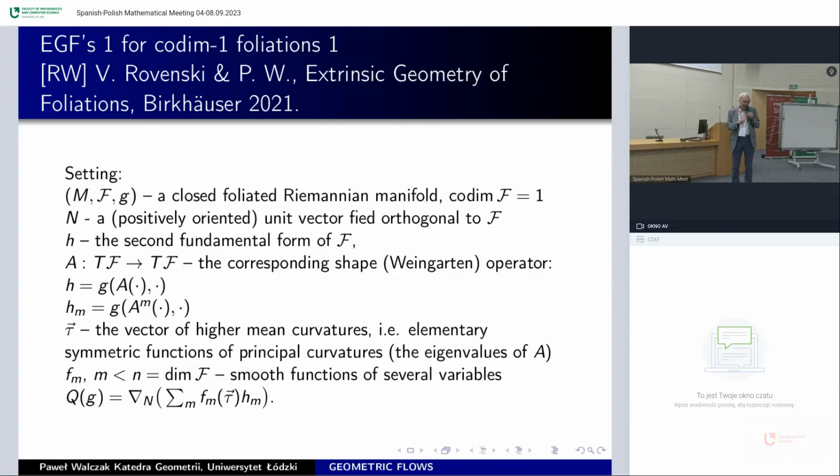That is, we consider an arbitrary function Fm. We apply this to the vector of these principal curvatures, multiply by this form Hm, and we sum over M. Usually we sum over M in a reasonable finite domain, not from, let's say, 0 to infinity, but the sum is finite.